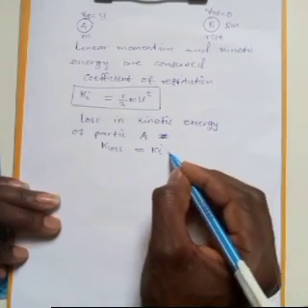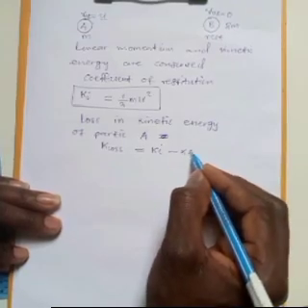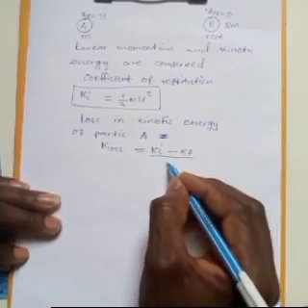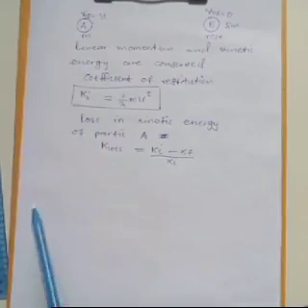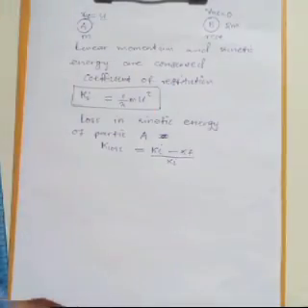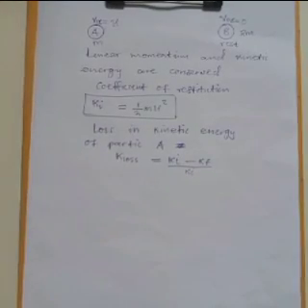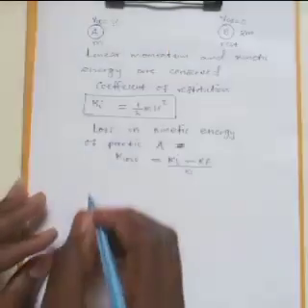You say initial minus final, and you divide throughout by K initial. Why? Because they're saying the loss of kinetic energy with respect to the initial kinetic energy of this same particle. Okay, now what next exactly? What are you supposed to do next to find the final kinetic energy of ball A? So what we are going to do next is this.